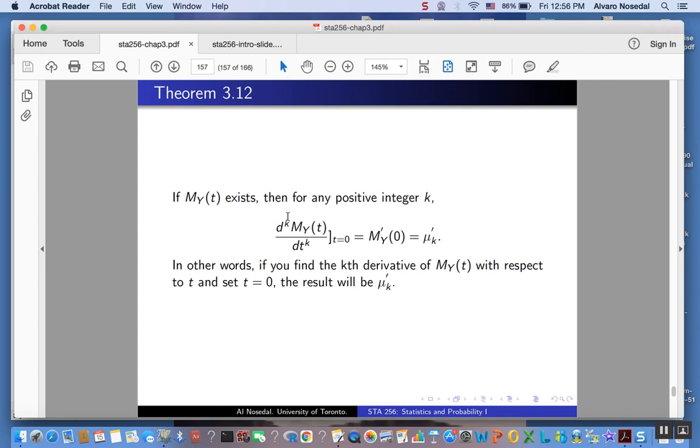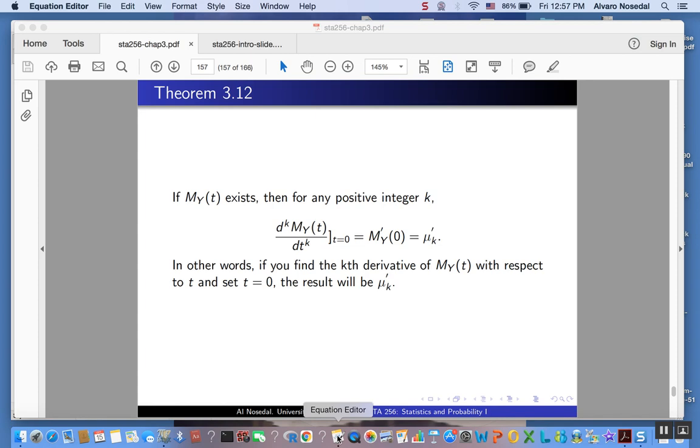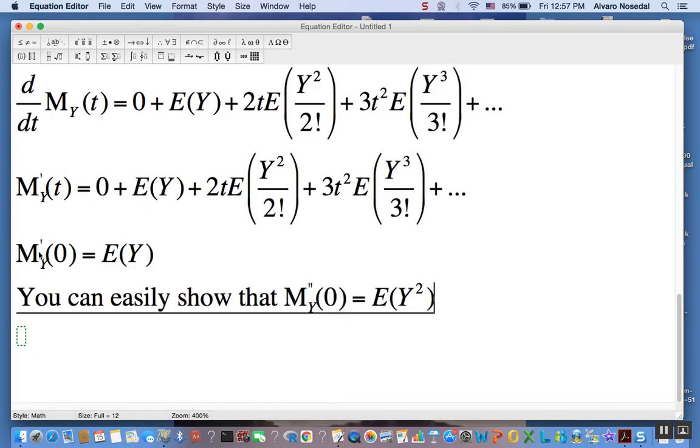For the expected value of y, we saw that the first derivative with respect to t of the MGF is going to give you the expected value, and here I should have a k, to avoid any sort of misunderstanding. So it's just what we said here: first derivative gives you the expected value of y. Second derivative, the expected value of y squared. Third derivative would give you the expected value of y cubed, and so on.